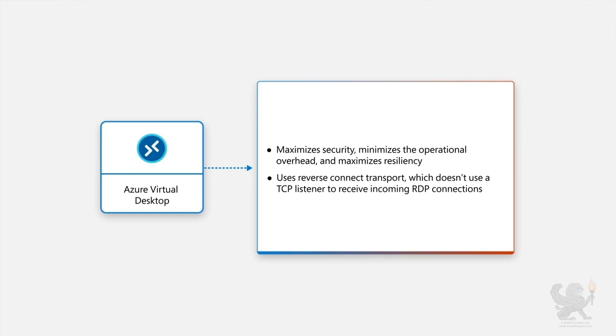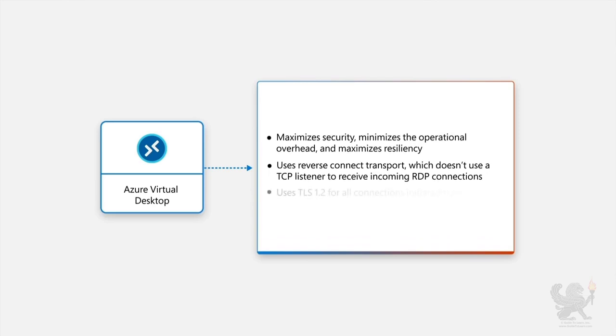Unlike the on-premises remote desktop services deployment, reverse connect transport doesn't use a TCP listener to receive incoming RDP connections. Instead, it only requires outbound connectivity to the Azure Virtual Desktop infrastructure over the HTTPS connection, which makes it inherently more secure than the traditional VDI-based model.